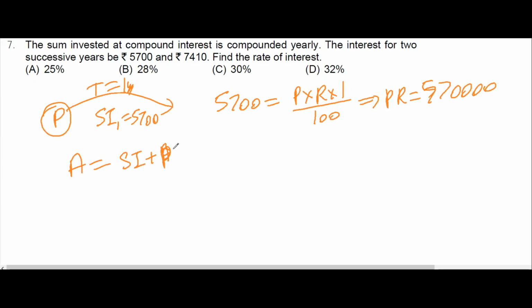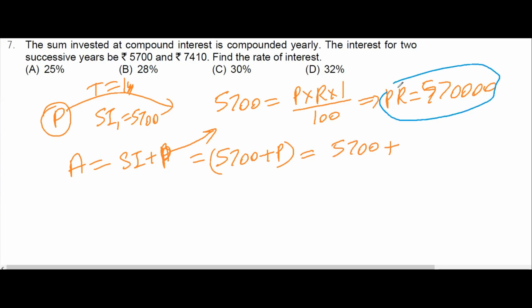So this time the principal will be this amount, that will be 5700 plus P. This will be the amount. And what is this P? From here, I can write P as 570000 divided by R.